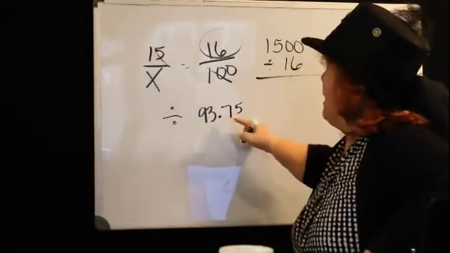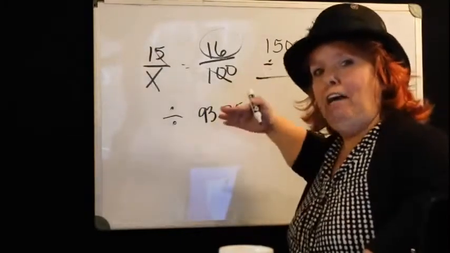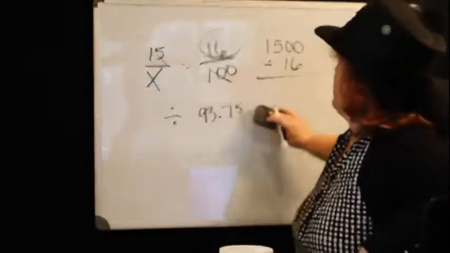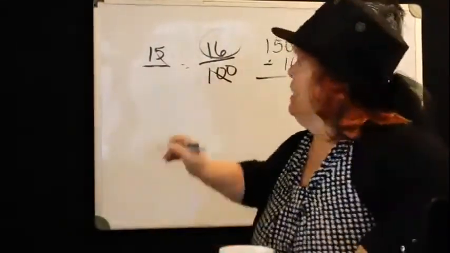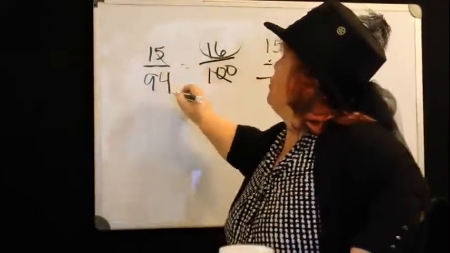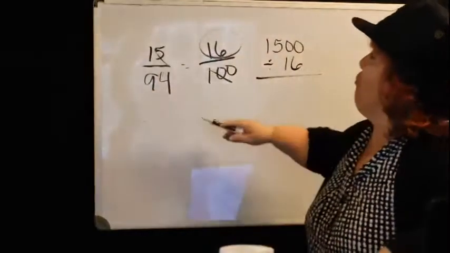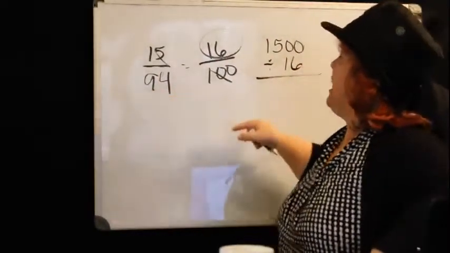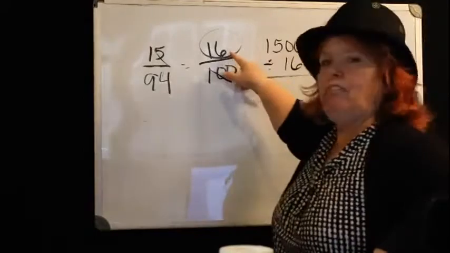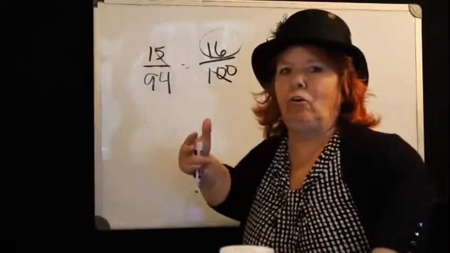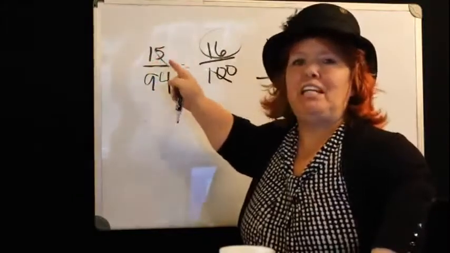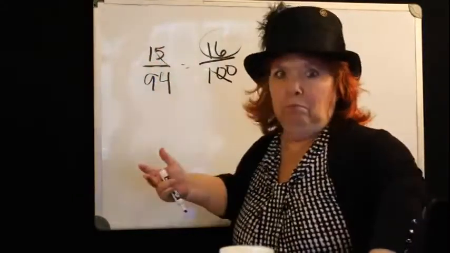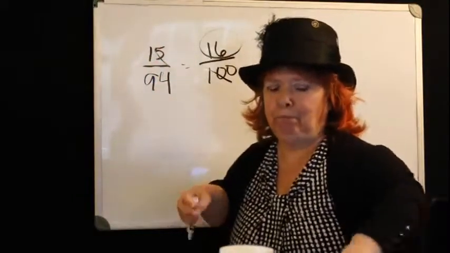It goes to 4 because this is 5 or more. So, how many students took the test? 94 students. So 94 students took the test. 16% of them got a C or less, which means 15 of them got C's or less.